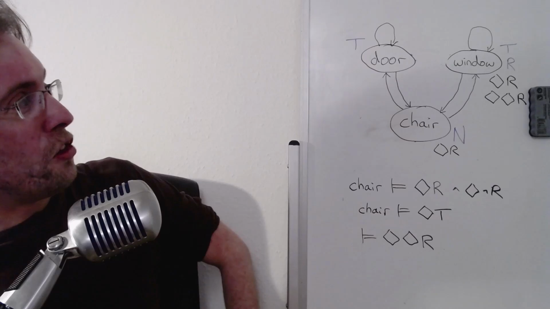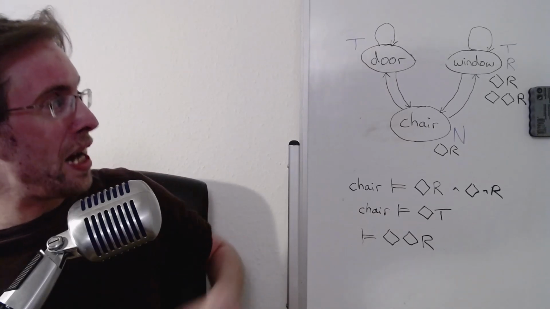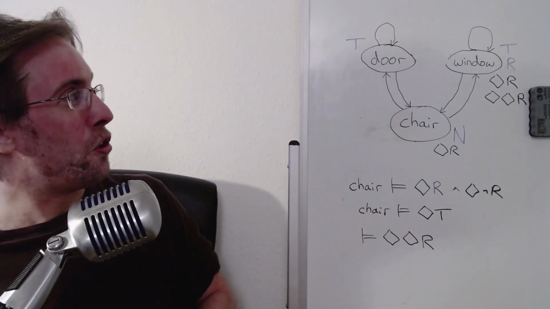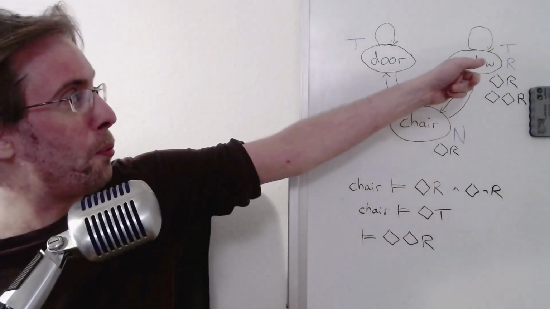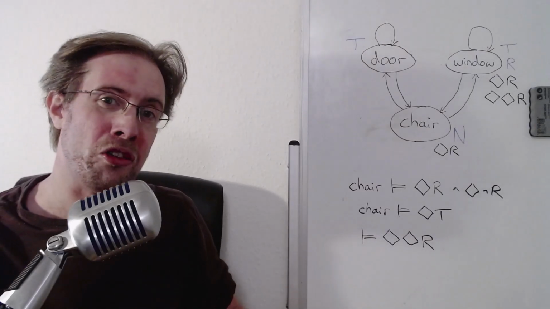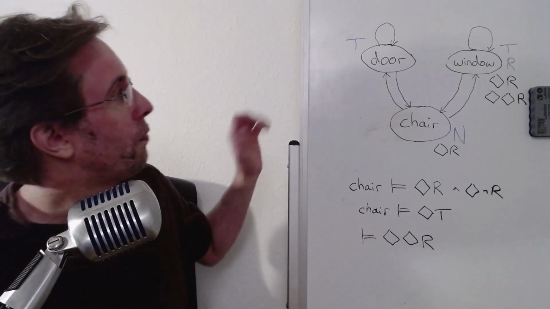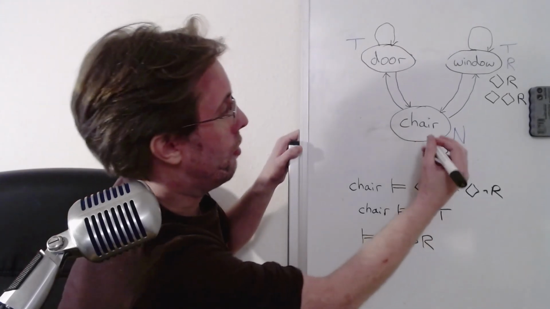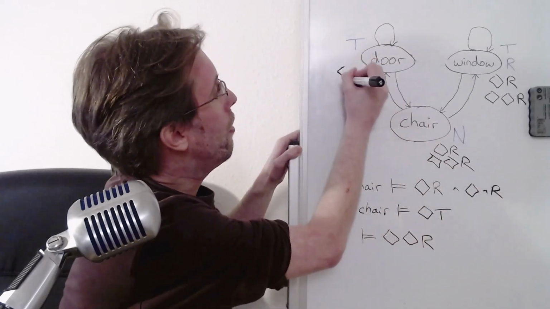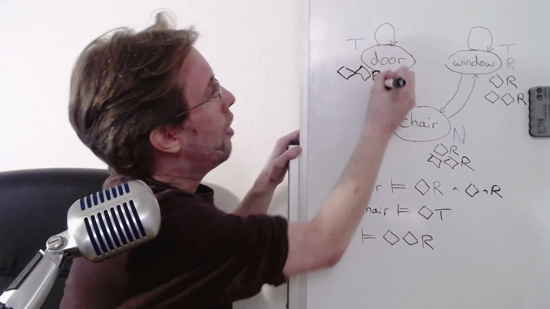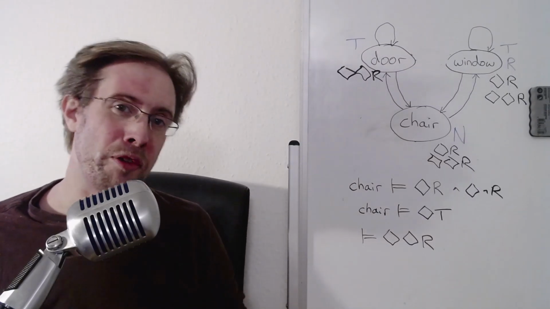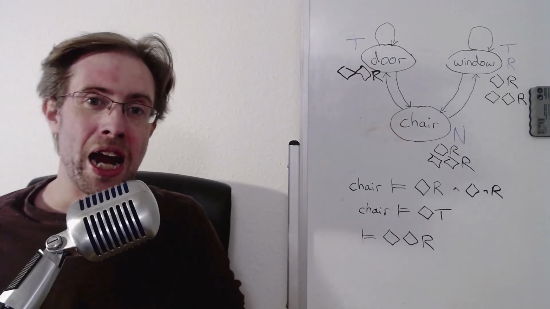Because we can go from window to itself any number of times, we know that R is true, and so is diamond R, and so is diamond diamond R. And that means, for the same reason, diamond diamond R is true here and here. So diamond diamond R is an example of a formula which is true at every point in this frame.